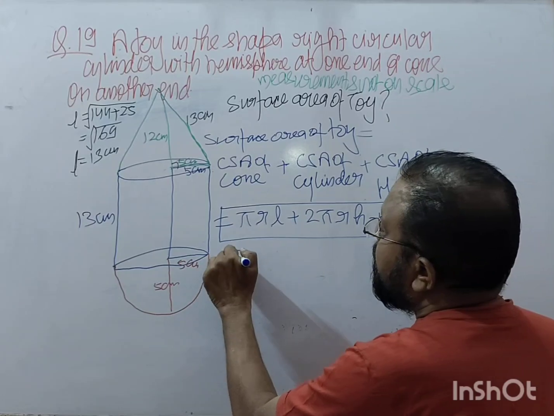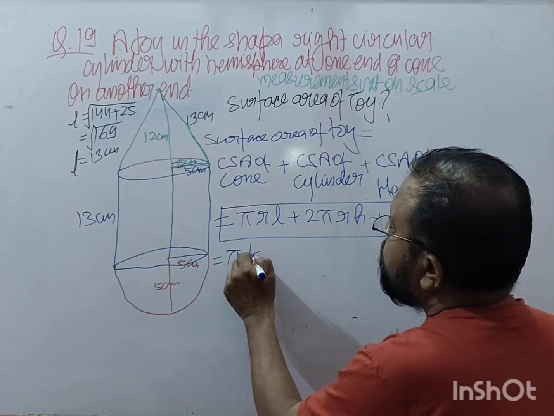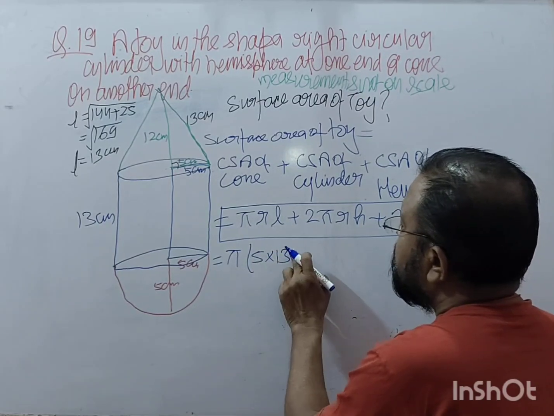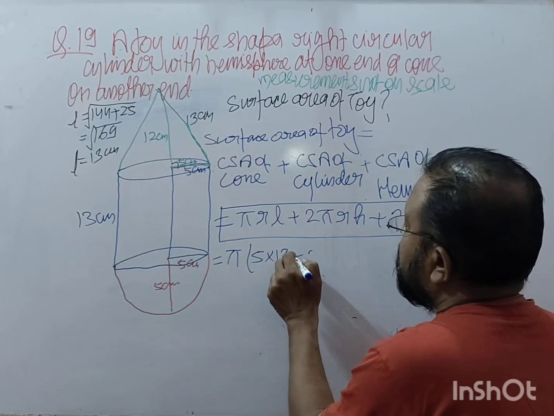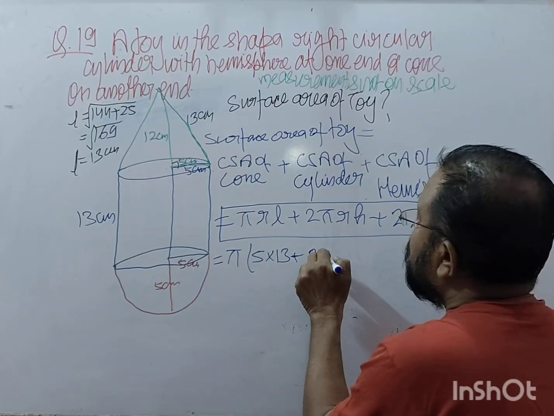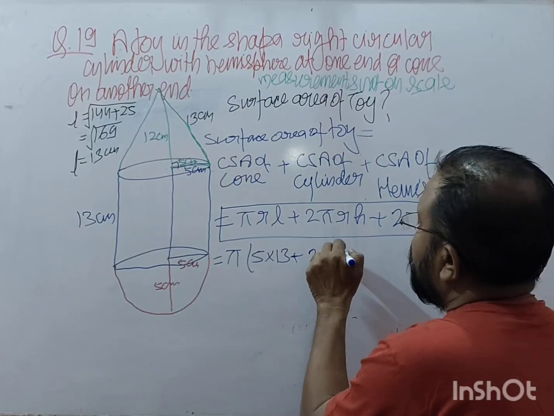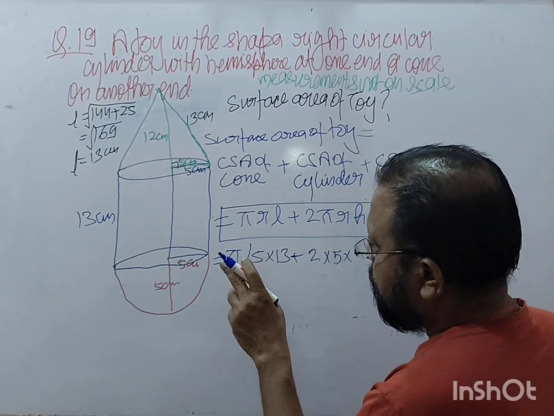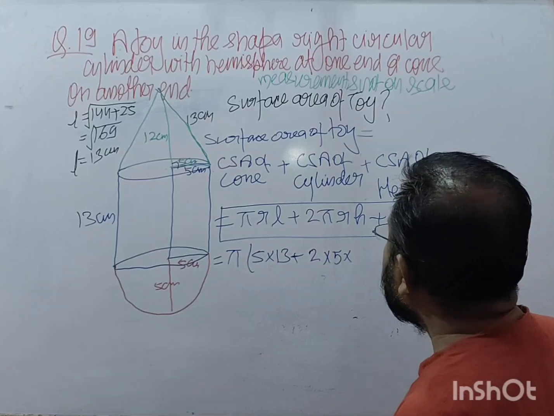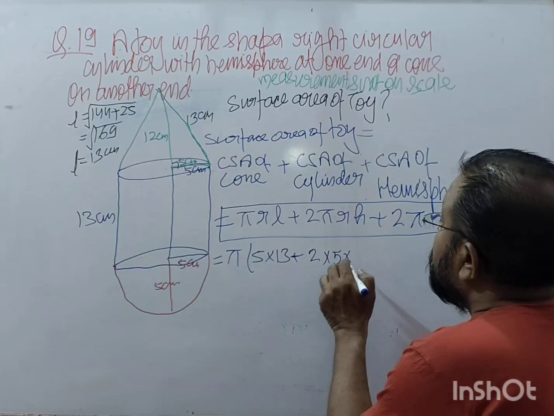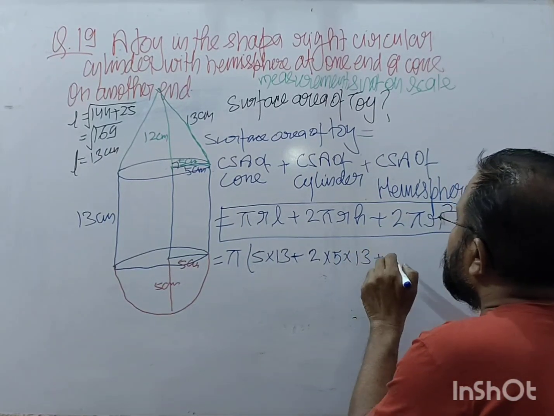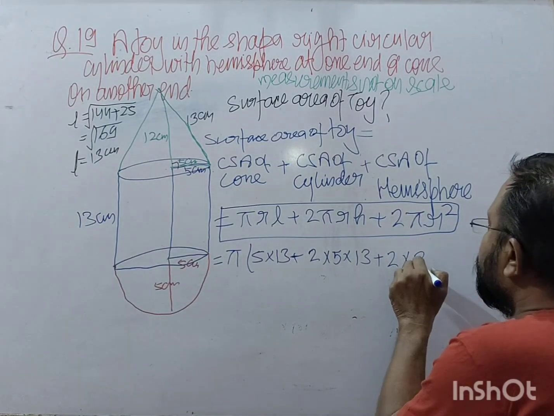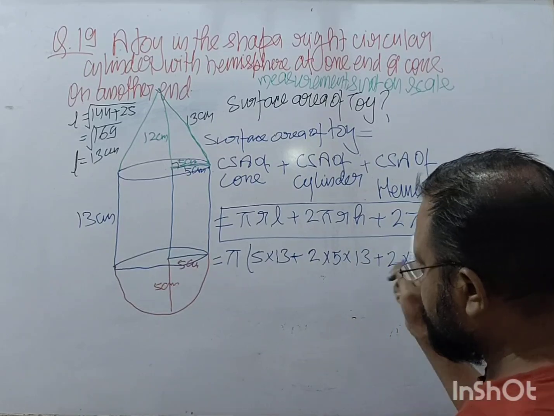Now you have taken pi as common. So R is 5 into 13 plus 2 into 5 into 13 plus 2 into 25. 5 square is 25.